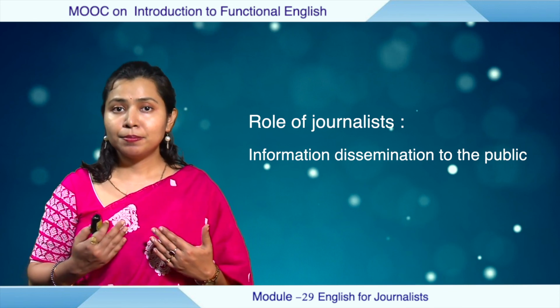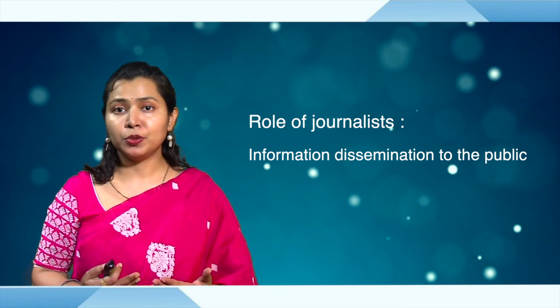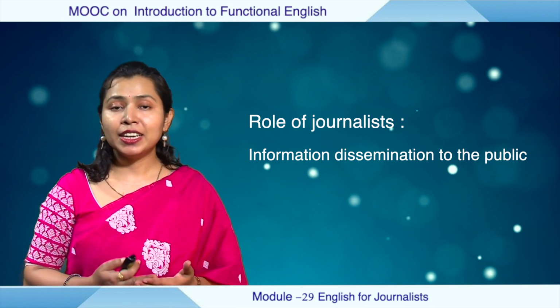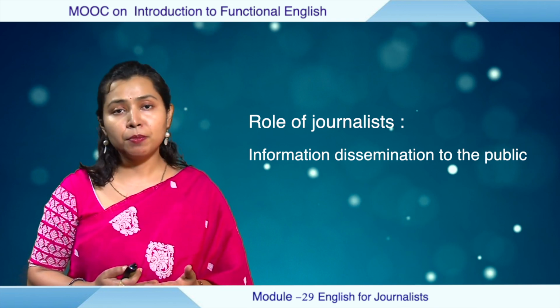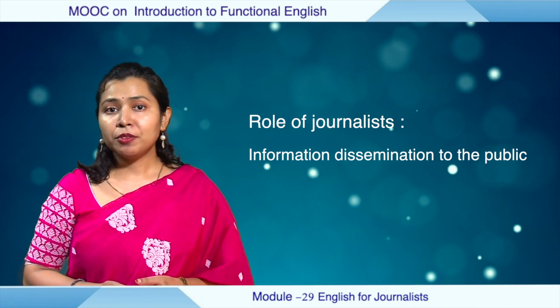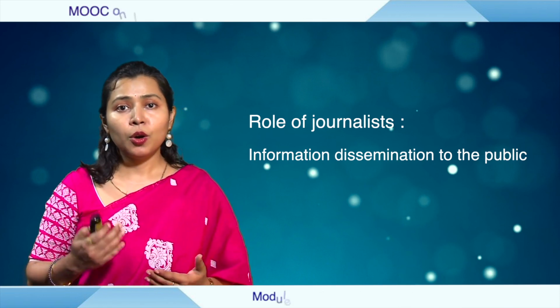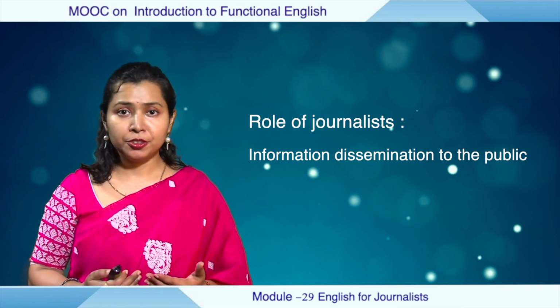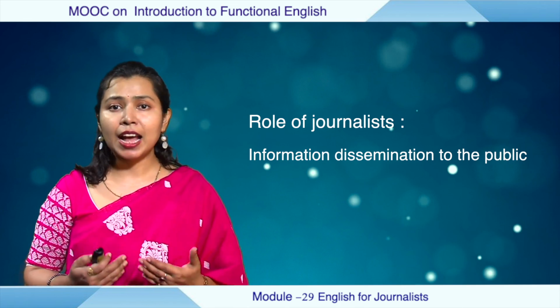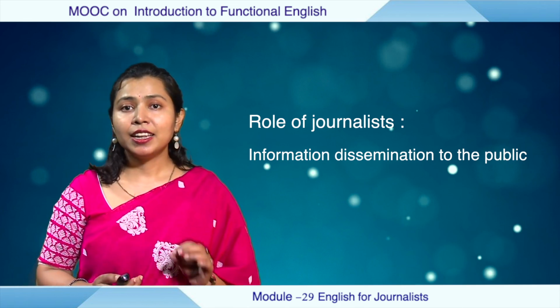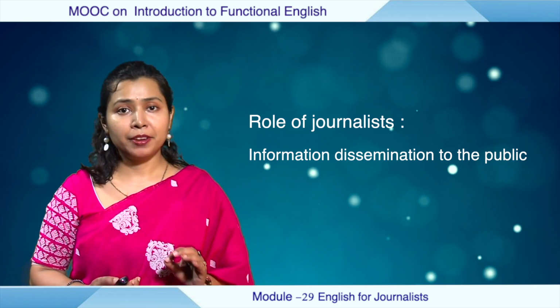And to perform this particular function, the knowledge of the English language is very, very important. While providing information and news, they have to pen down all the information that they have gathered through research, observation and other methods. And for that, language skill will be required by them.